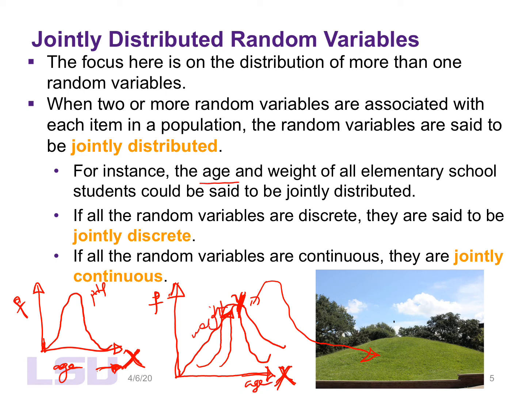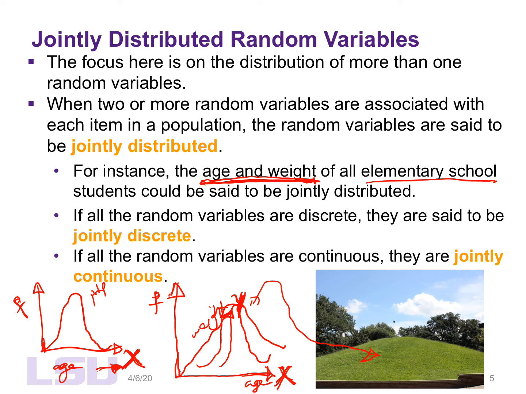And in the example I give here, it's easy to see if you're in elementary school, the age and the weight will be correlated, right? The students in grade 6 will generally be older and also weigh more than students in grade 1, for instance. So those two variables, age and weight, are interdependent, and each member of that data set represents a point.